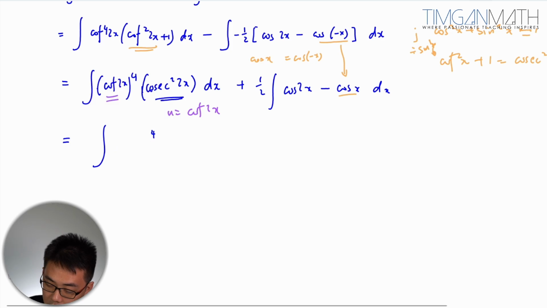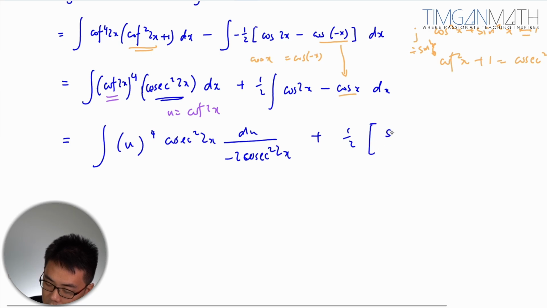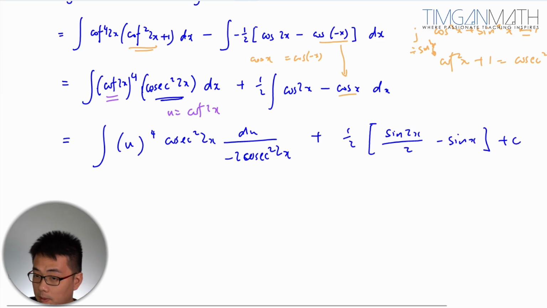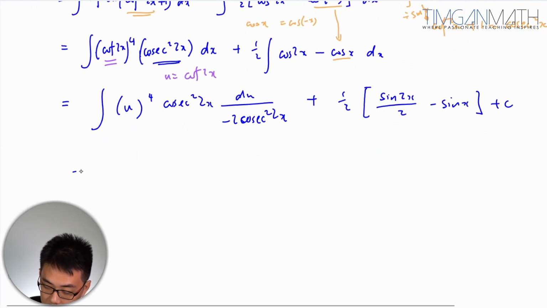So this will just be our u to the power 4 cosecant square 2x. du will be -2 cosecant square 2x. Cancel it out. This will be half sine 2x over 2 minus sine x plus c. And we'll get this as, cancel it out.